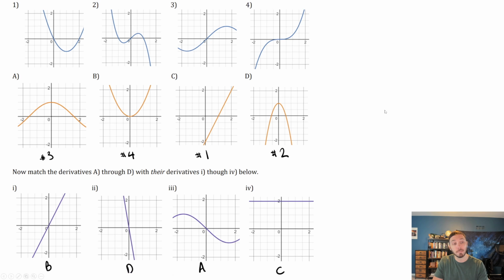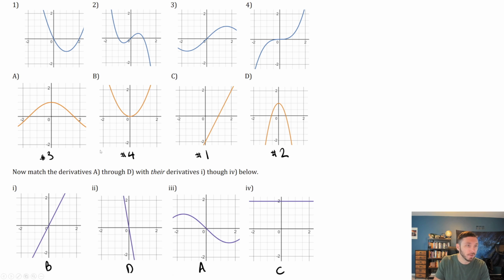3, 2, 1. So you should be getting this idea, that if we are looking at orange now, and I want to find the slope of orange, it's positive for the first half and negative for the second. So I want positive outputs and then negative outputs. Now I actually have 2 of those that match, right? Positive and then negative.